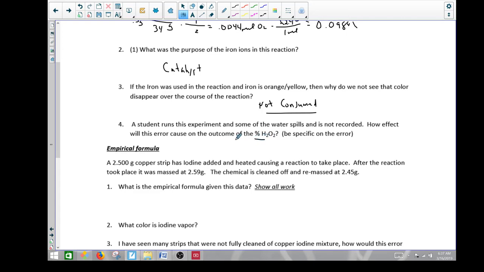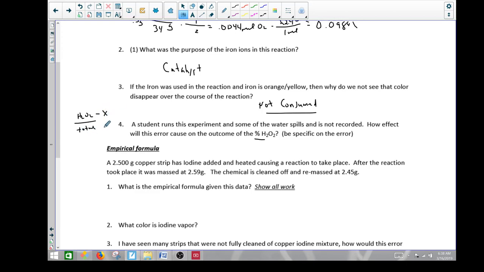So percent H2O2 would be, let's say, the quantity of H2O2 divided by the total. Whether you do molarity or percent by mass or percent by volume, it's not going to matter. When we decompose this, the water is not decomposing, so the amount of actual gases produced should be the same.